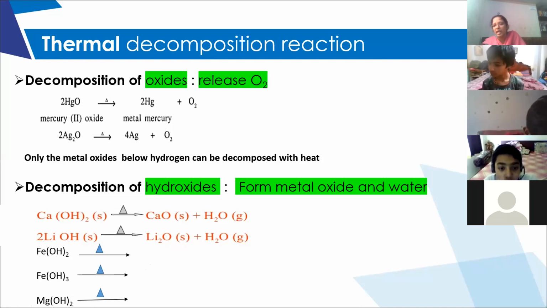Then only the reactions can be reversible. You'll have that in your 10th standard. At normal conditions, these reactions will be irreversible.